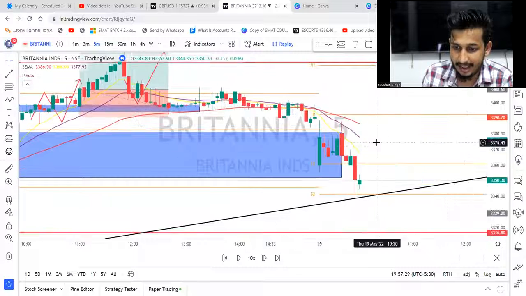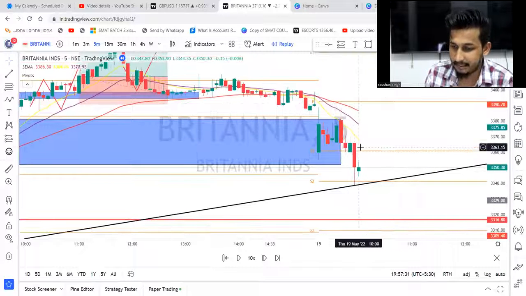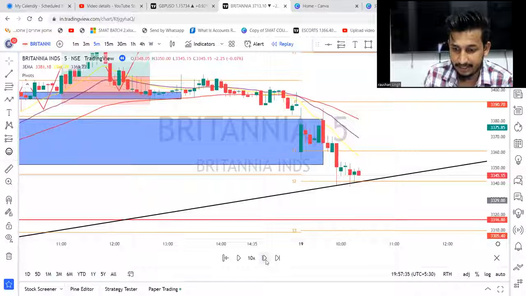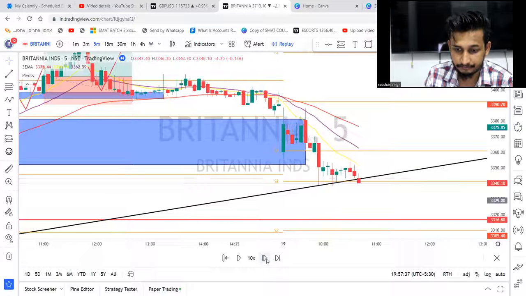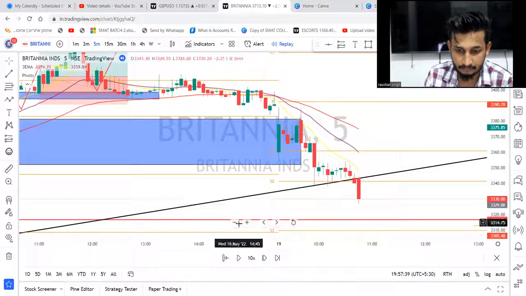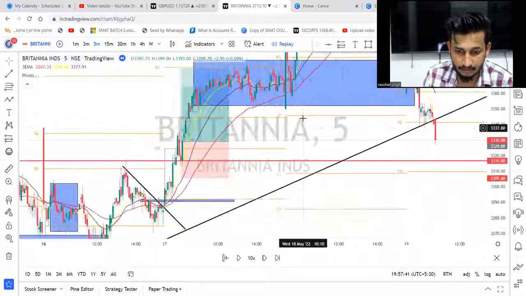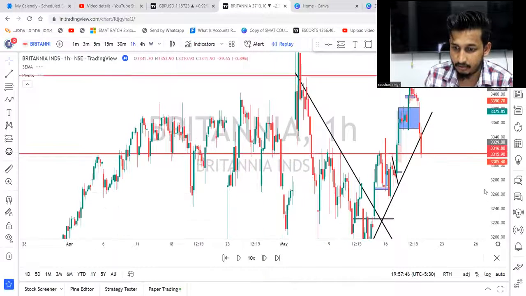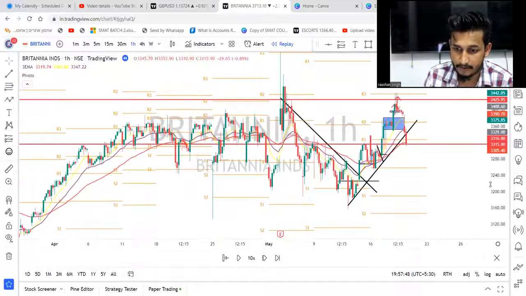Now over here, maybe everything is on the sell side, but still I'll not plan for the sell side. Okay. I won't be going for any kind of sell side as of now. Now, I just need to figure out whether this is a good level to go for or not.